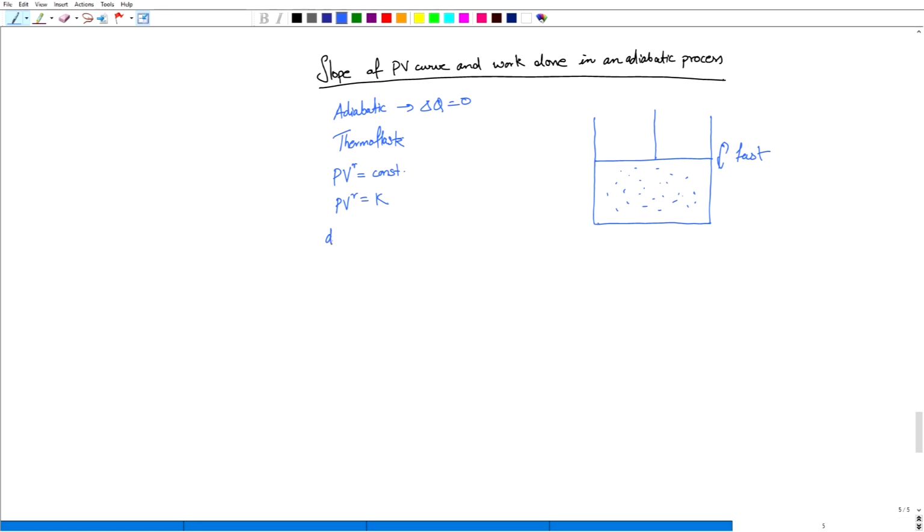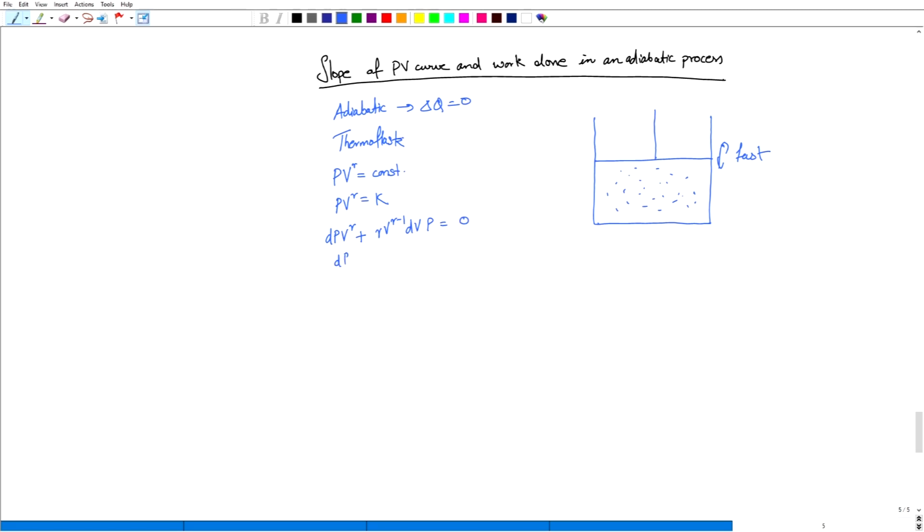So dP times V to the power gamma plus gamma V to the power gamma minus 1 dV times P is equal to 0.